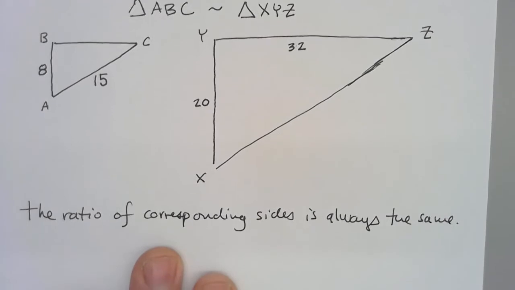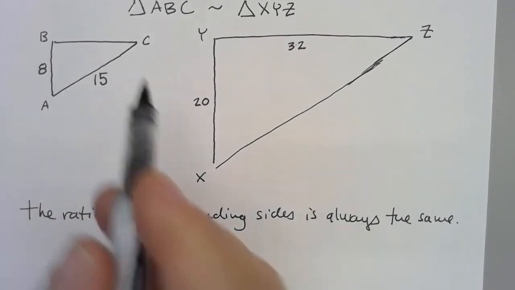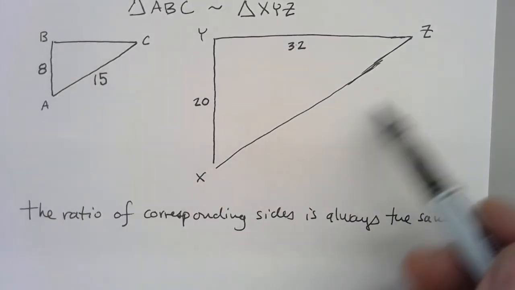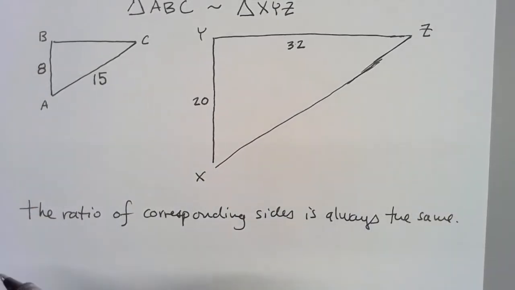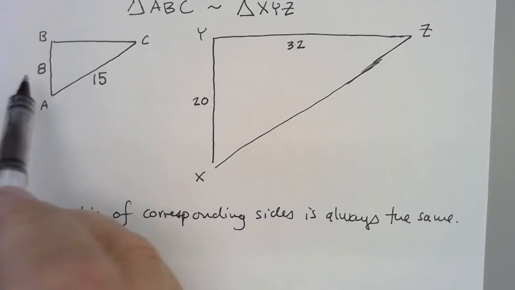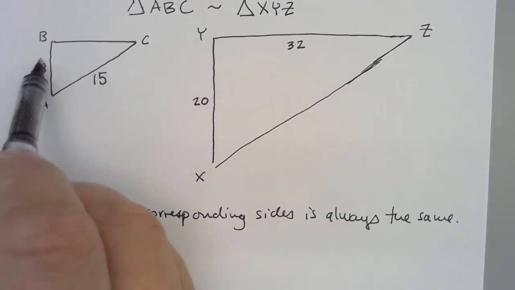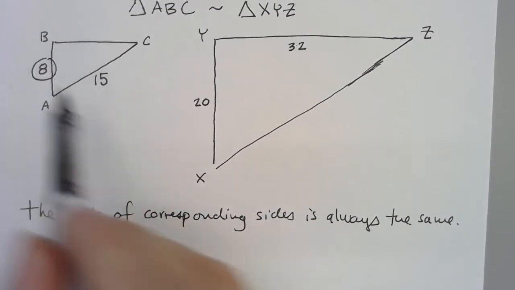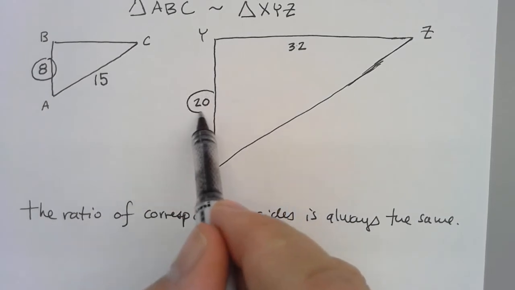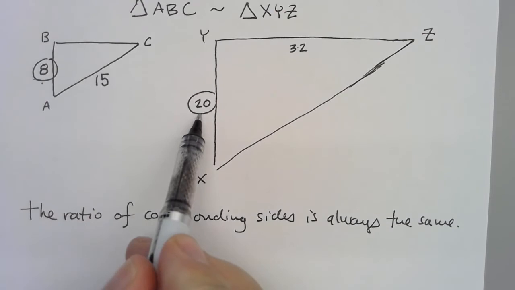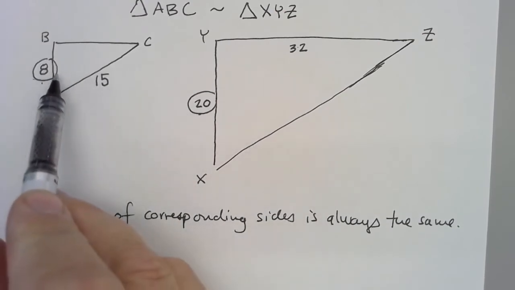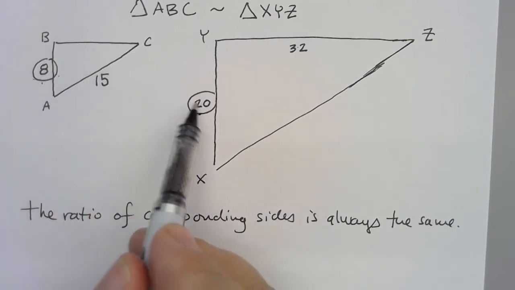So when you're doing problems like this one, we're going to figure out what these missing side lengths are. We're going to figure out what BC is. We're going to figure out what XZ is. When we're doing problems, we look for two corresponding sides. Here AB corresponds with XY. I look for two corresponding sides where I know both measurements, because that will establish the scale factor between these two figures.